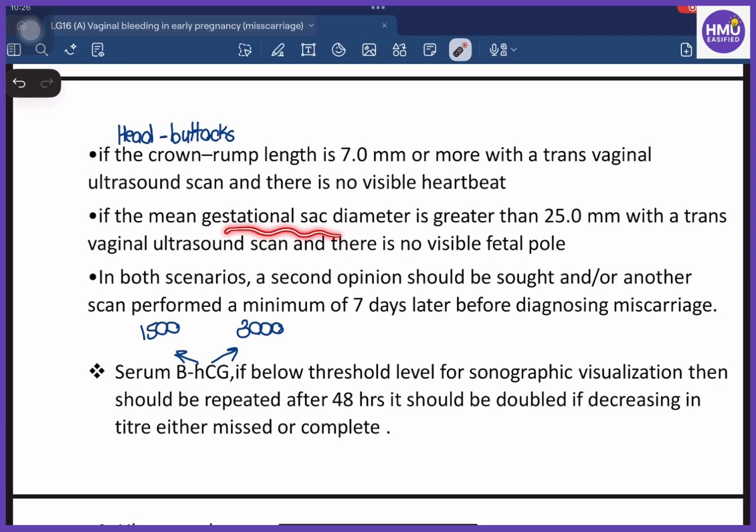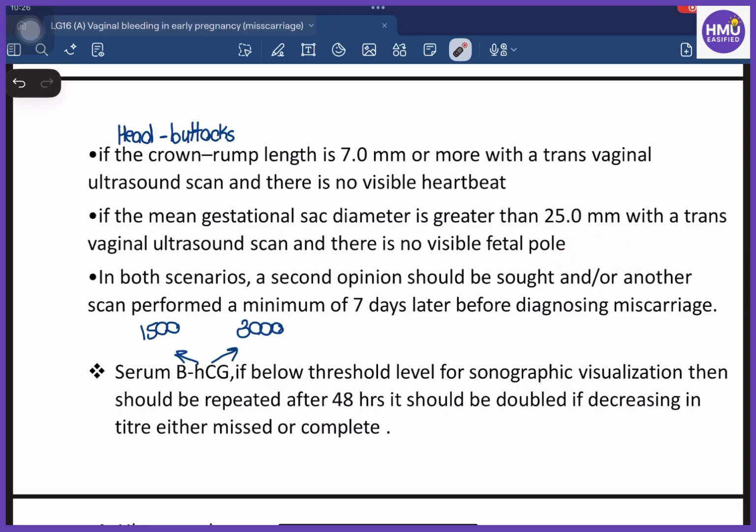If the gestational sac diameter is greater than 25 millimeters on transvaginal ultrasound and there is no fetal pole, that's a miscarriage. The fetal pole is the first sign of the embryo, visualized on ultrasound at I think 6 to 7 weeks or something like that.